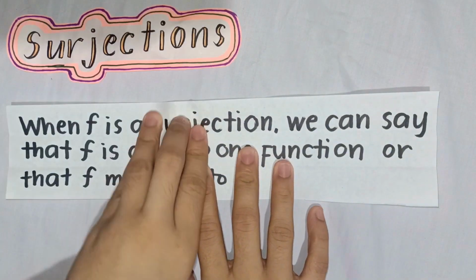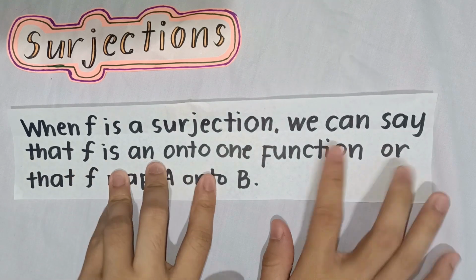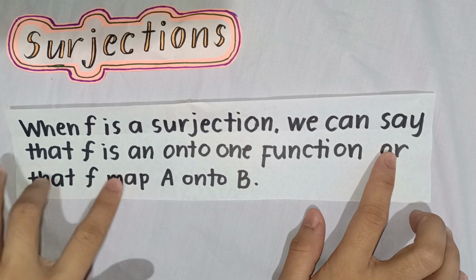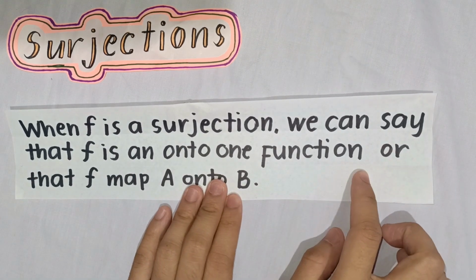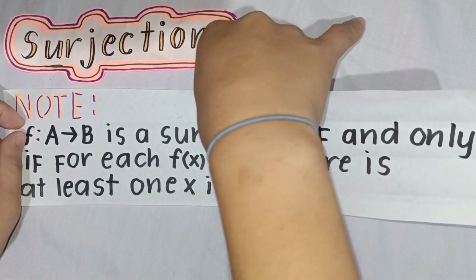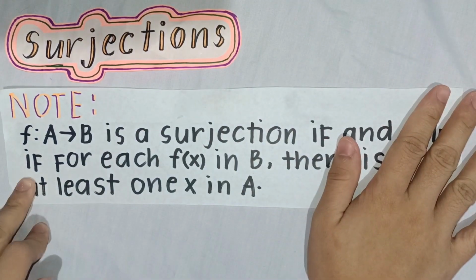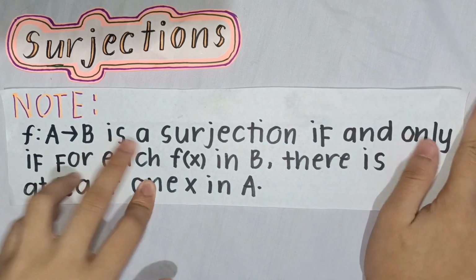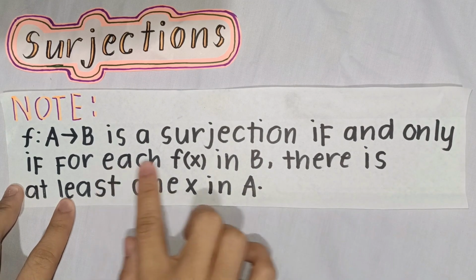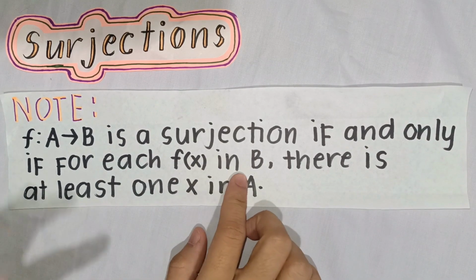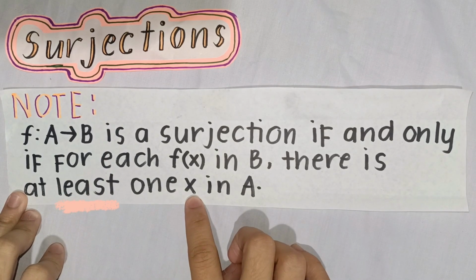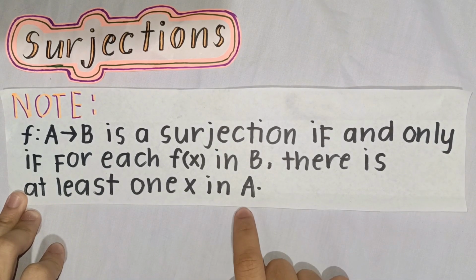If f is a surjection, we can say that f is an onto function, or f maps A onto B. Note that we must remember f such that A implies B is a surjection if and only if for each f(x) in B there is at least one x in A.